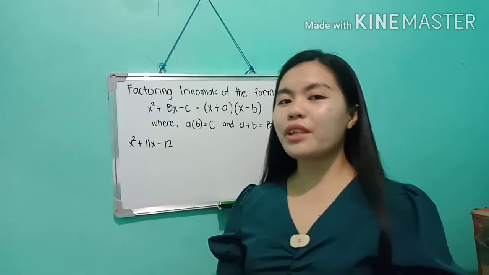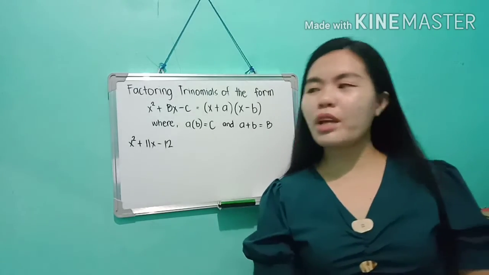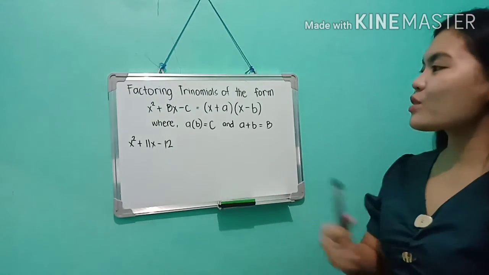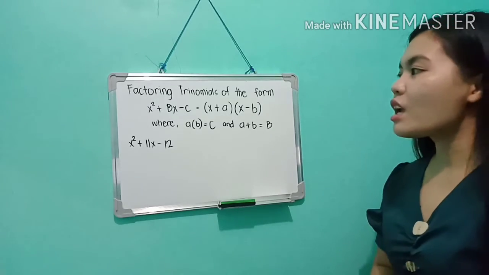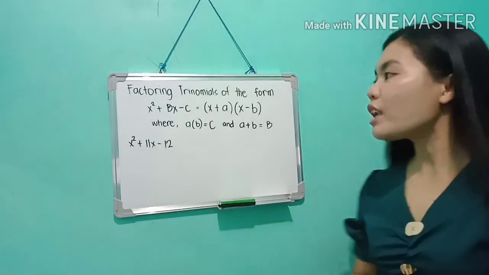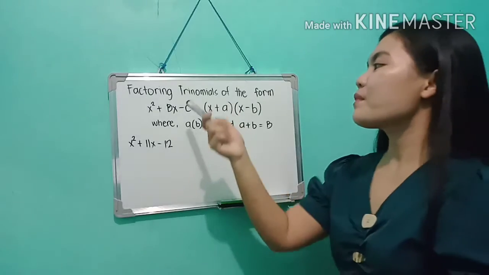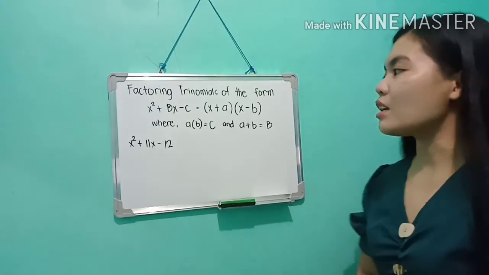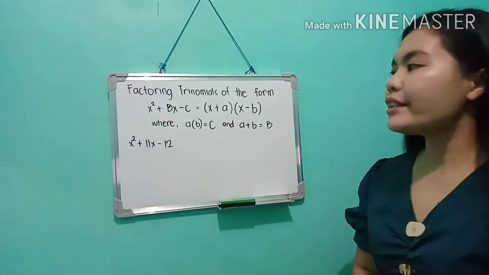Welcome again to our lesson about factoring trinomials of the form x squared plus bx minus c. So, ngayon, ang negative na natin ay negative c. So, C na natin yung negative.